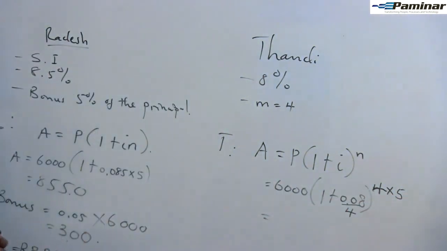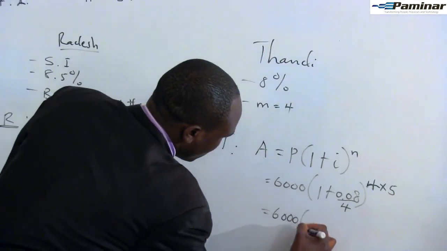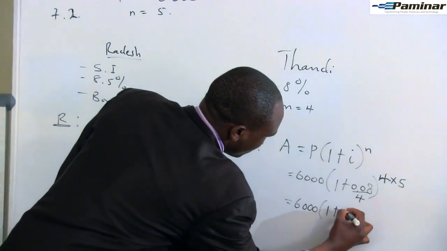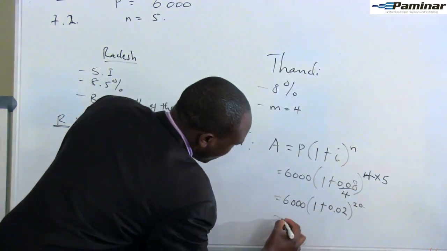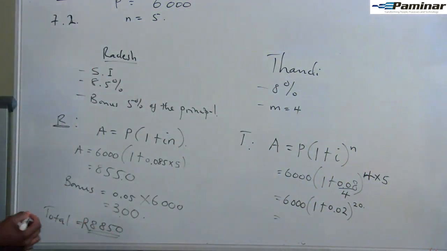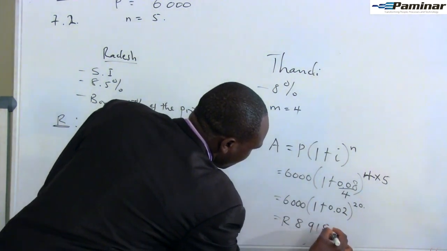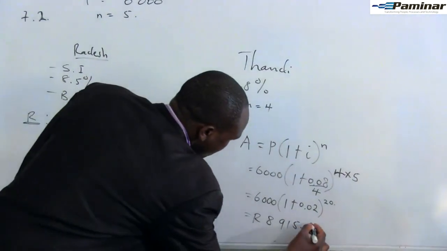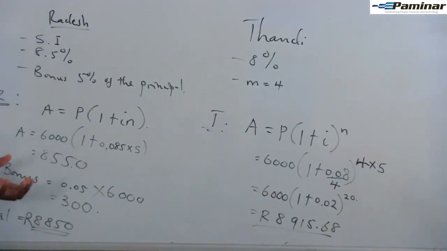And 0.08 over 4 is 0.02. So 6,000 times (1 plus 0.02) to the exponent of 20. So what is the total figure? 8,915.68.